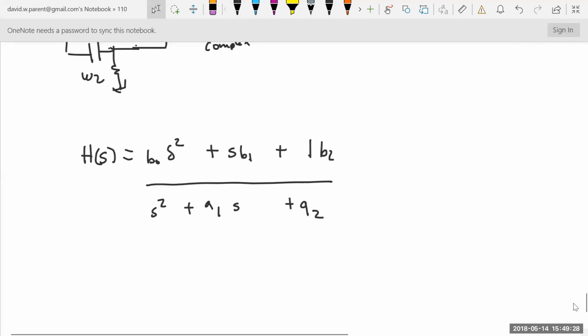Which can be implemented in an op-amp-based circuit, right? The first thing to do, you find the highest order and you multiply through by that to get it all. These are all derivatives, S squared, S, right? Those are derivative circuits, very noisy. We need to put them in to, especially this would be a double derivative, right? That'd be very noisy. So we multiply everything through by this to get integrative circuits.